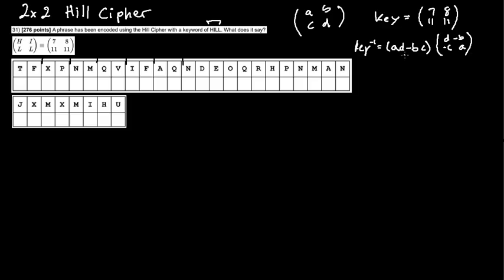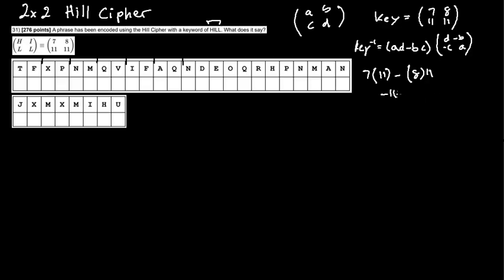First, let's find this. This is called the determinant, I believe. Take A, which is 7, times D, which is 11, minus 8 times 11. So 77 minus 88 is negative 11. And you always do mod 26.